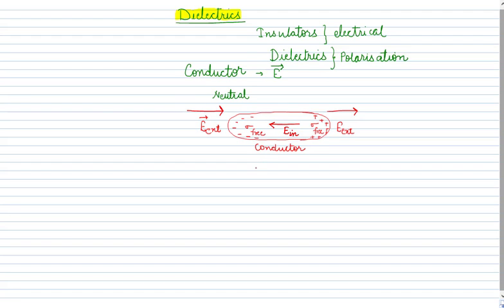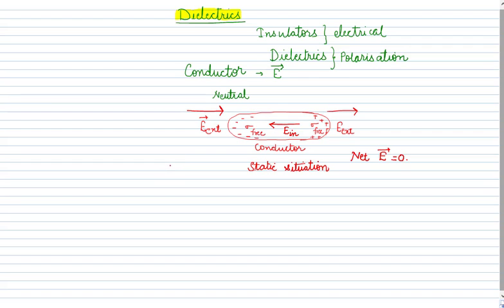In a static situation, these two types of electric fields, the externally applied field and the induced field, balance and cancel each other, and the net electrostatic field in the conductor is 0. That is how any conductor behaves if we keep it in an external electrostatic field.